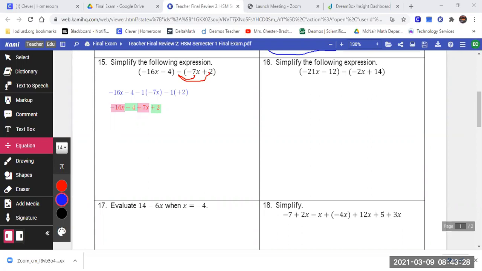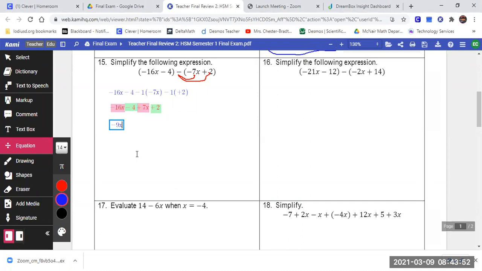Keep the sign on the bigger one. So are we going to be positive or are we going to be negative? Negative how much? 16 take away 7. And there's an X on it. So negative 9x.